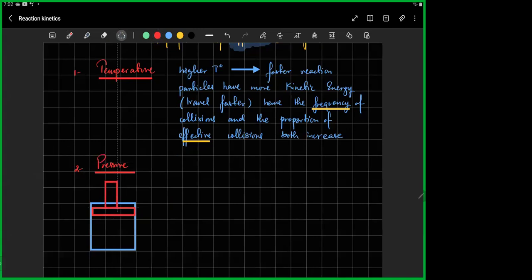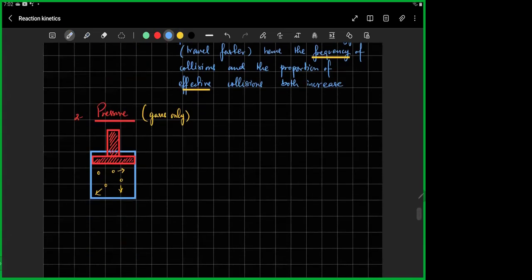Let me just draw this. Okay, so we've got a container with a piston, and it's got tiny particles in it, which are randomly moving around. Remember, this factor is only for gases, because gases are the only things that are compressible.